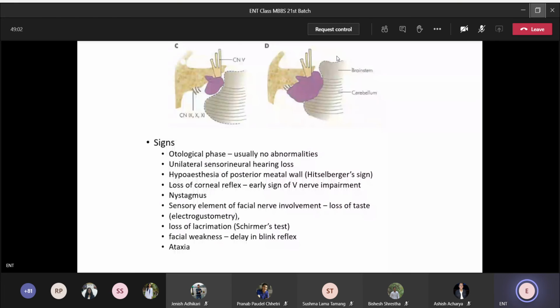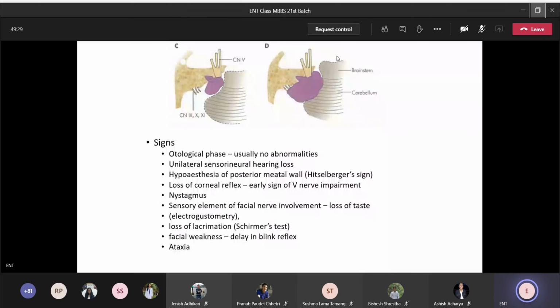You touch it gently on the affected side and on the other side, and see if the patient can feel the sensation. If the patient does not feel the sensation, if there's hypoesthesia, then the sign is known as Hitselberger sign. So this is another question for MCQs.